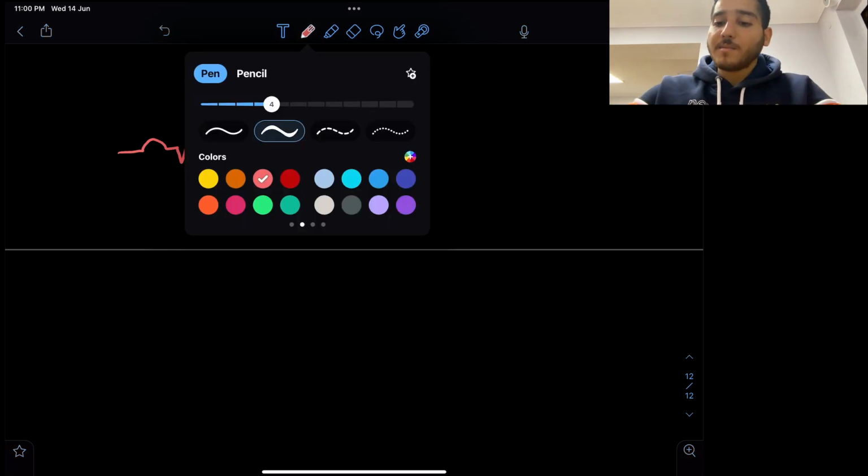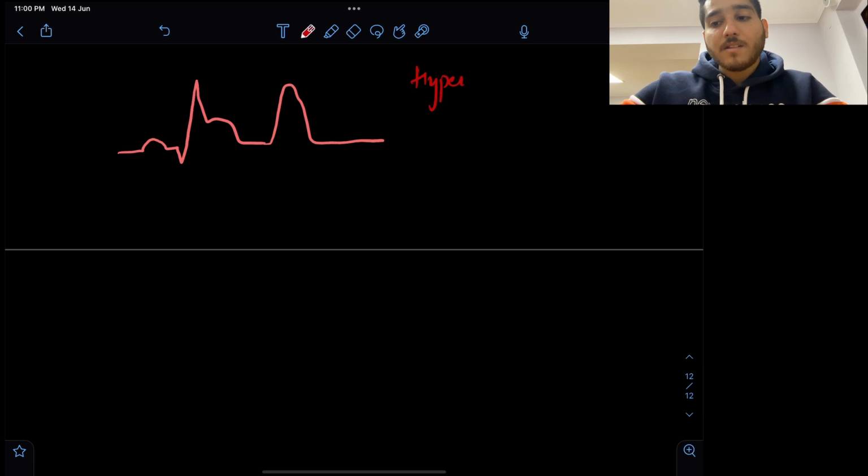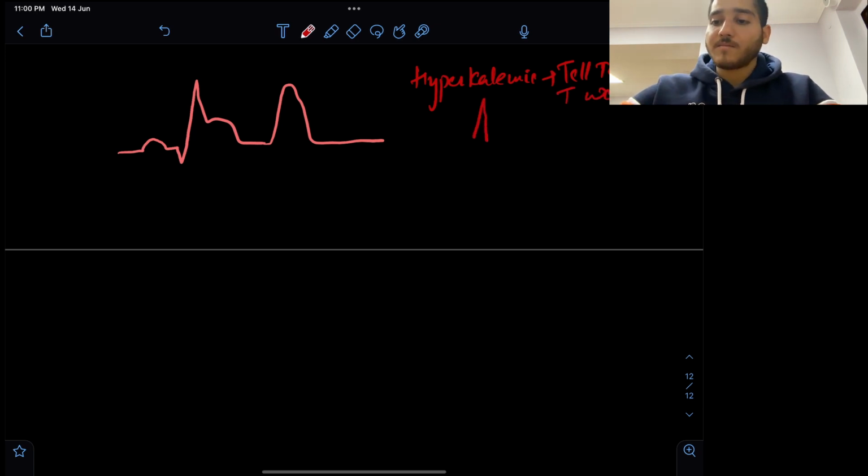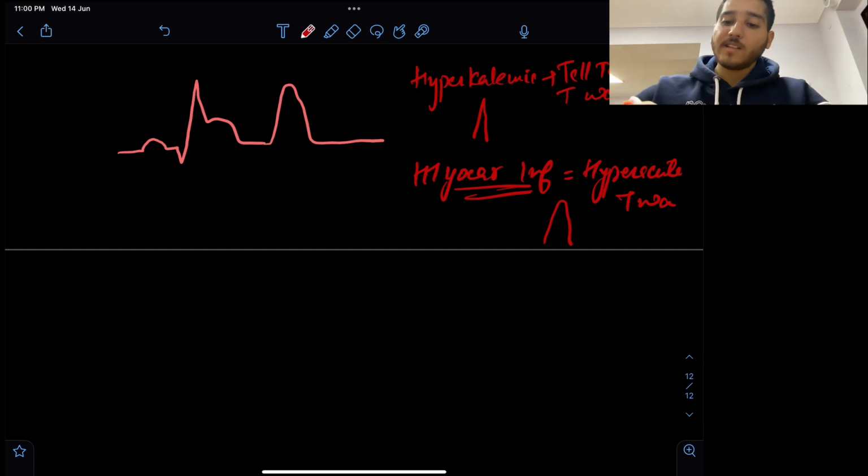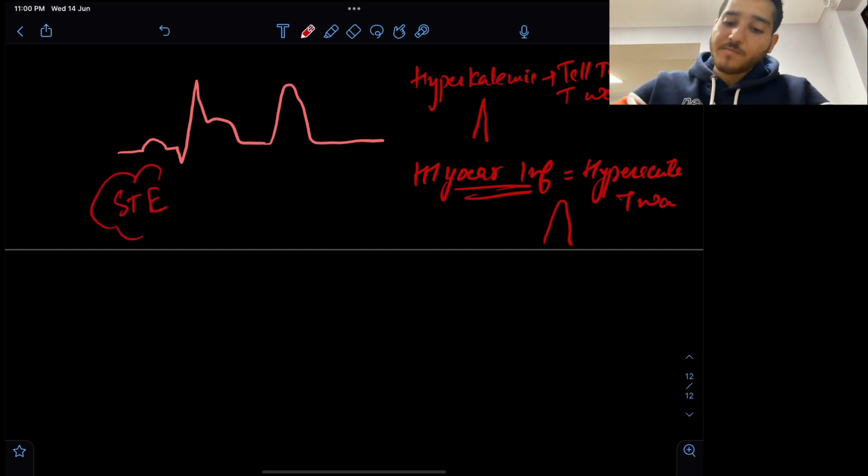In hyperkalemia, we get tented T waves, which look like this. In patients of myocardial infarction, they use the word hyperacute T waves, and they look like this. There can be ST segment elevation also in myocardial infarction.